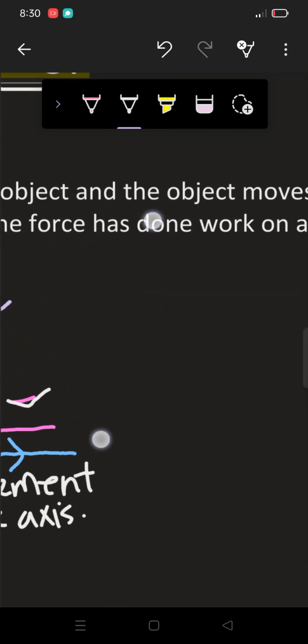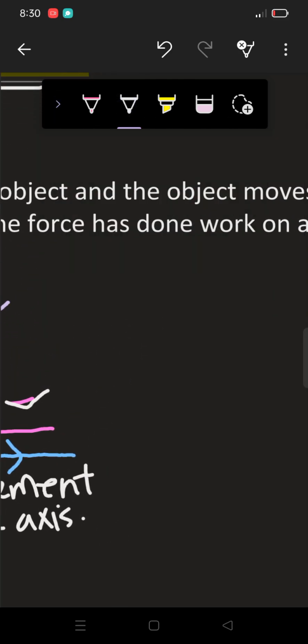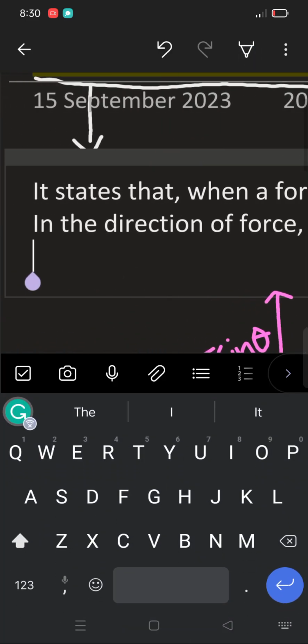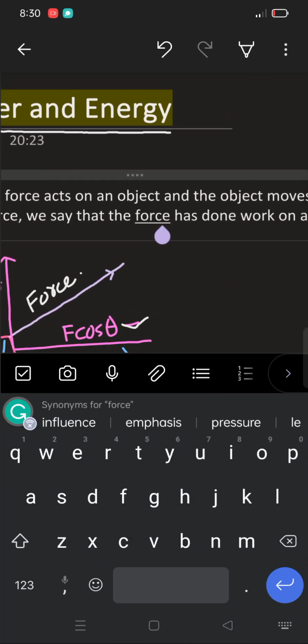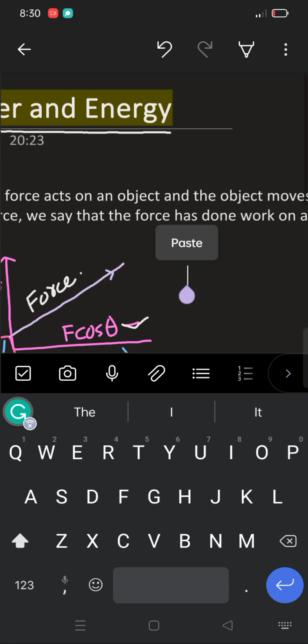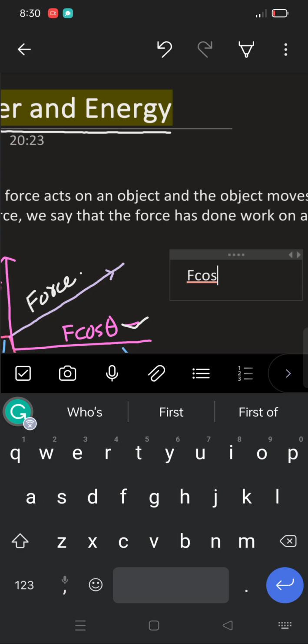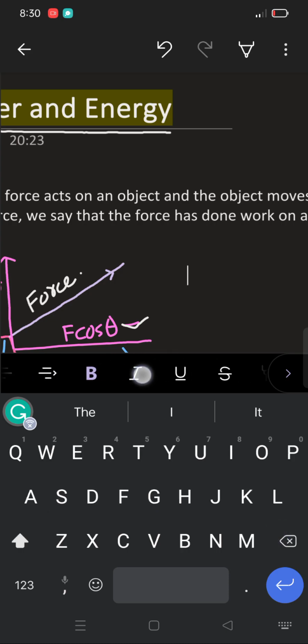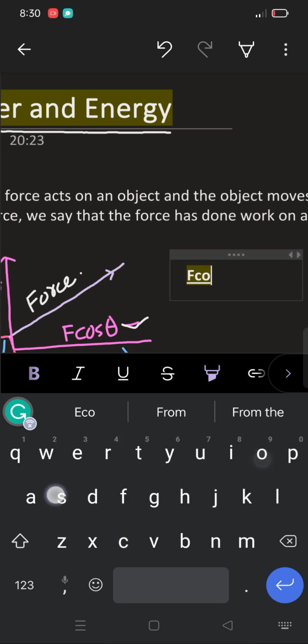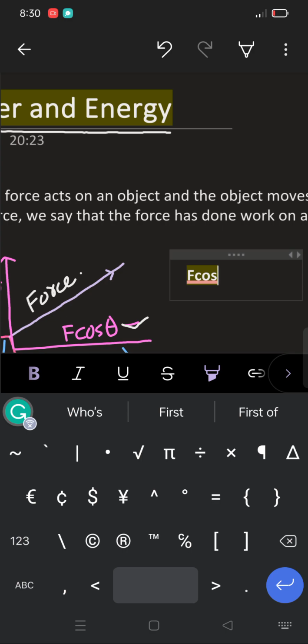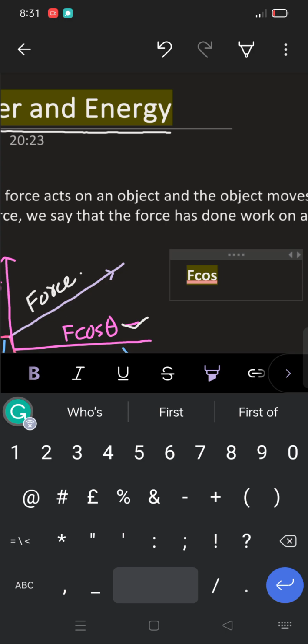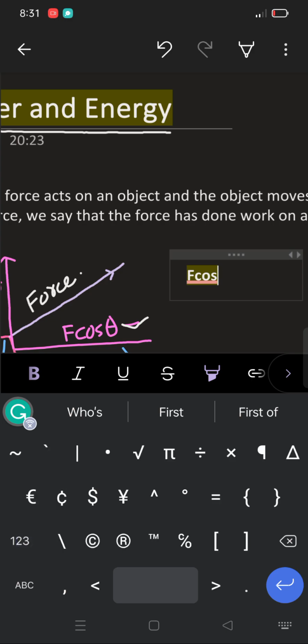I have taken this component and now I'm going to write it here. I'm leaving the place for theta, and I'll write it with my pen.